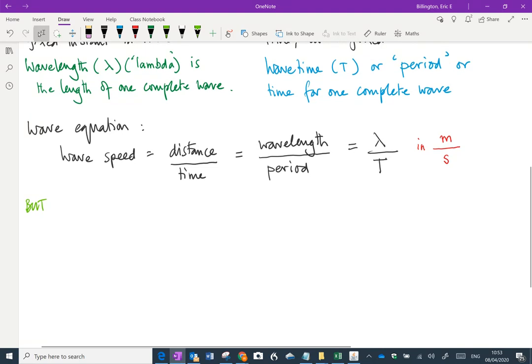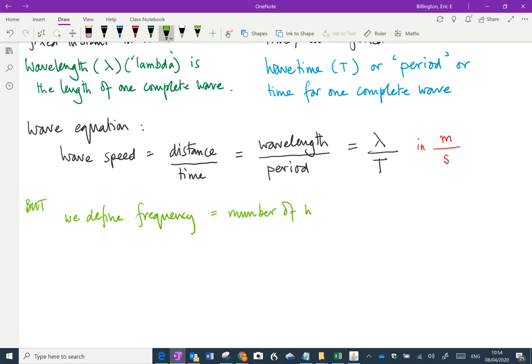So that means we define the number of waves per second. Well, hang on a minute. If one's the number of seconds per wave and the other's the number of waves per second, they must be related to each other. Suppose the period was half a second. Well, how many waves would there be per second? 2. 2 is 1 over a half. So I hope you can see that the frequency must be 1 over the period.